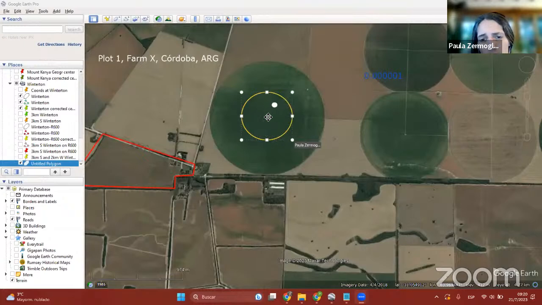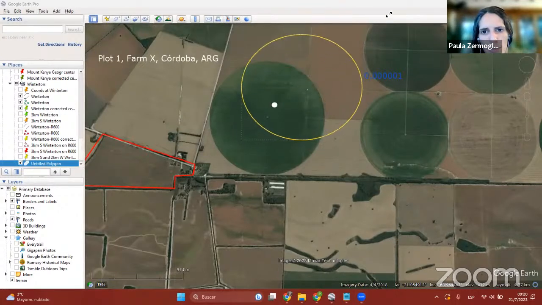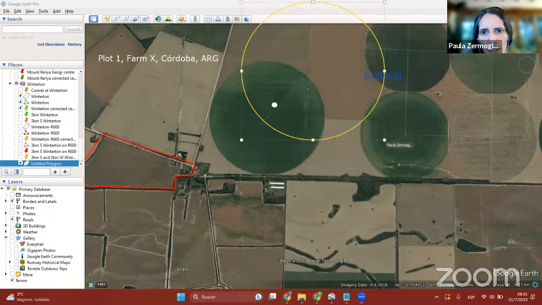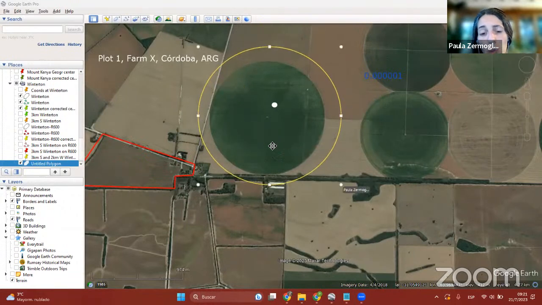So if the circle is smaller, the uncertainty is smaller. If the circle was much bigger, like that, the uncertainty will be bigger because I'm including other spaces where the point could be within that uncertainty.